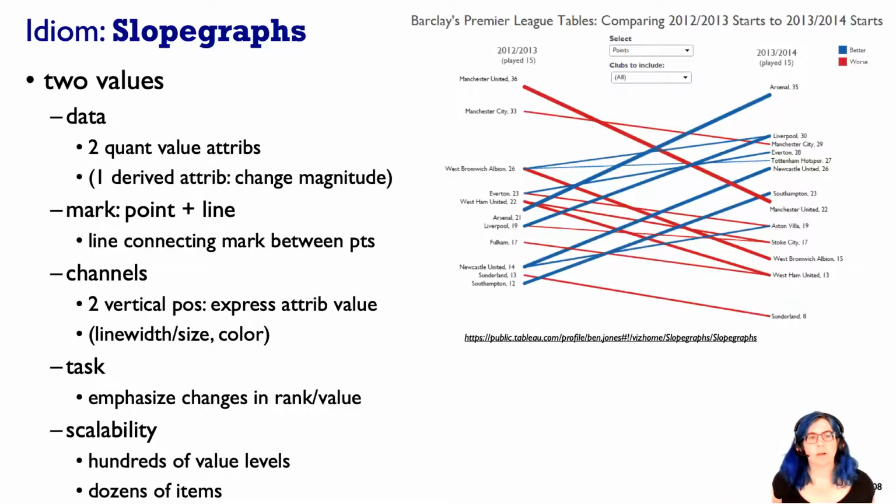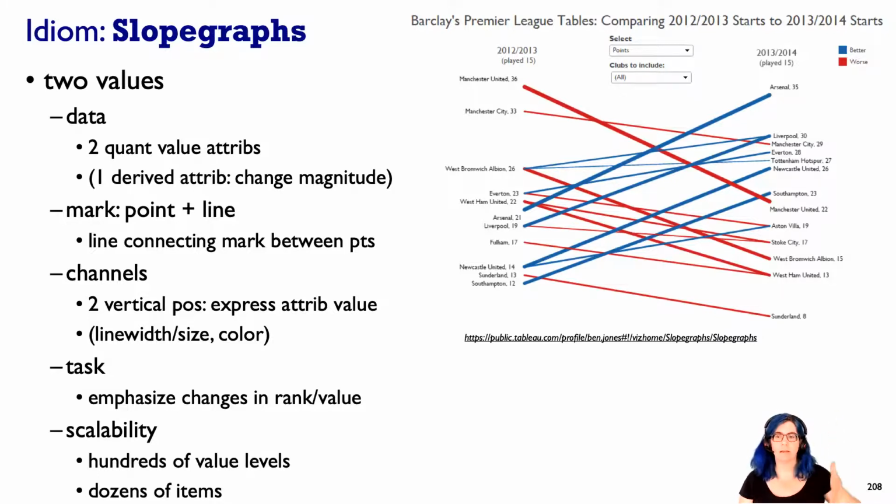Here's another idiom, slope graphs. So this is an interesting one. We've got two values, and they're both quantitative value attributes. In this case, back to this soccer data, we've got rankings of teams at two different times. And then we have a derived attribute, which is the magnitude of the change.